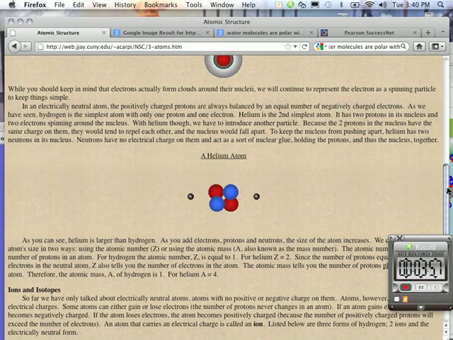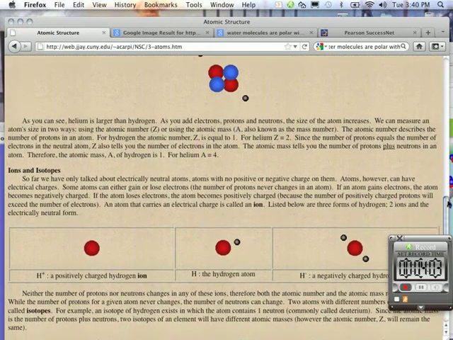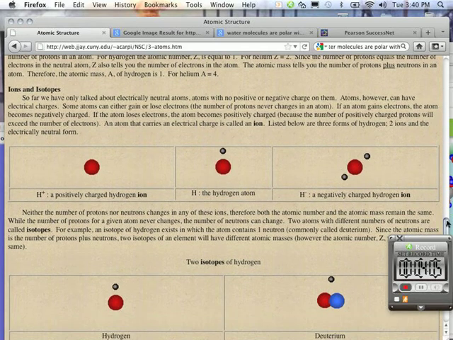We talked about the isotopes. And so hydrogen is a positively charged hydrogen ion. It's just one proton. And then we have the hydrogen atom, which is a proton with an electron going around it. Next, we have a negatively charged hydrogen ion, which would be a hydrogen atom with an extra electron, and that's where it gets the additional negative charge. Then we have two things here.